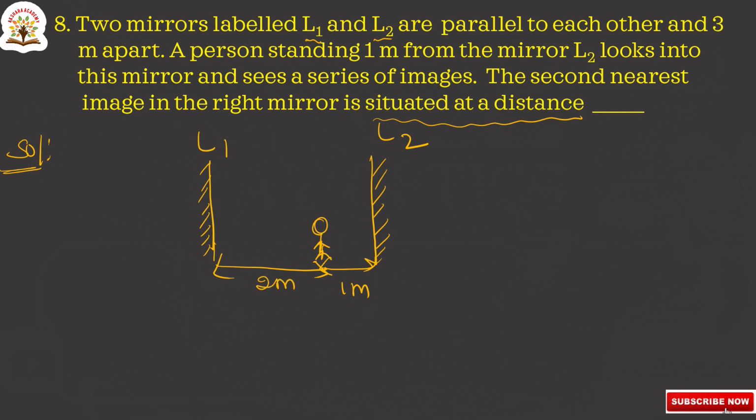Now let us see this figure. This is one mirror, this is L1. Here a person standing 1 meter from the mirror L2 looks into this mirror and sees a series of images. Let us discuss those series of images. This is L1, and here one more mirror, L2.